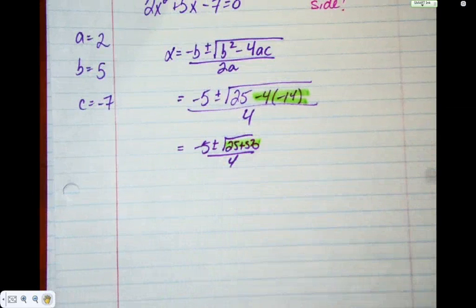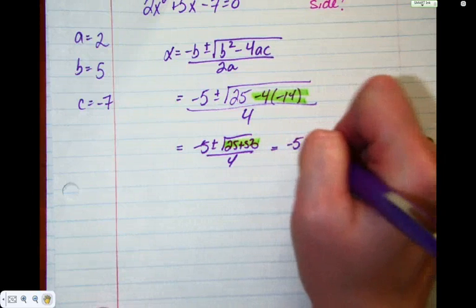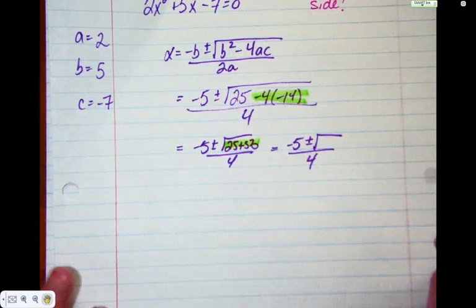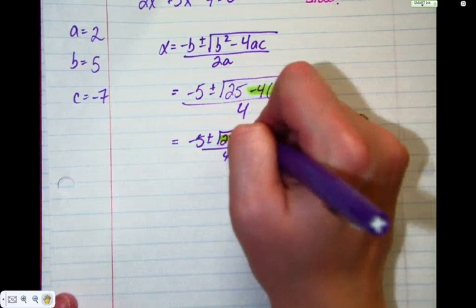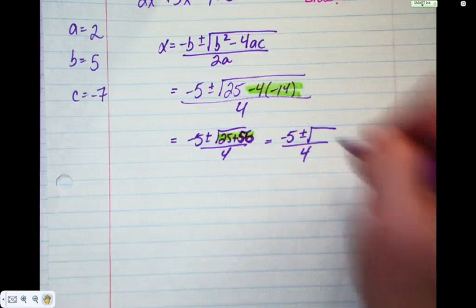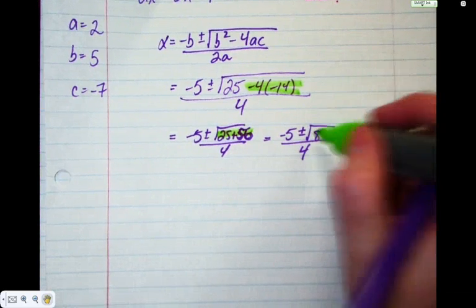Then I'm just simplifying under the root. 25 plus what? What's that number? 56. Oh, 56. Maybe 80 something. 81. Oh, square root of 81.